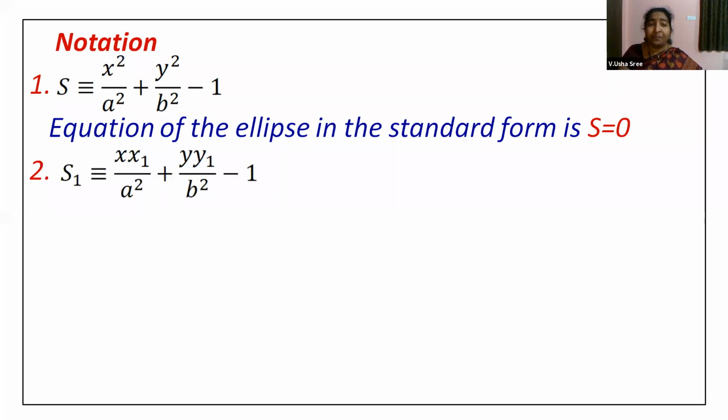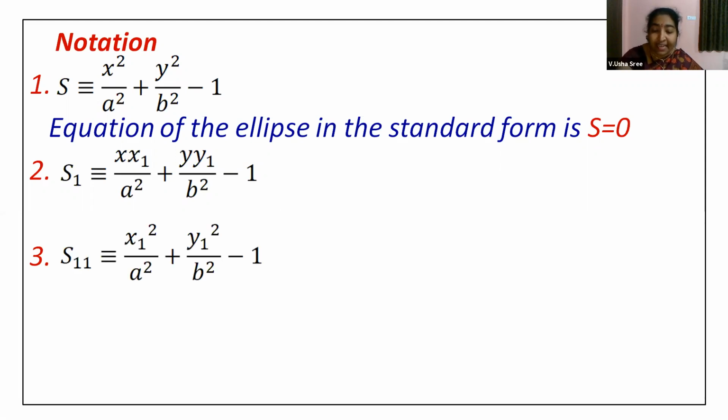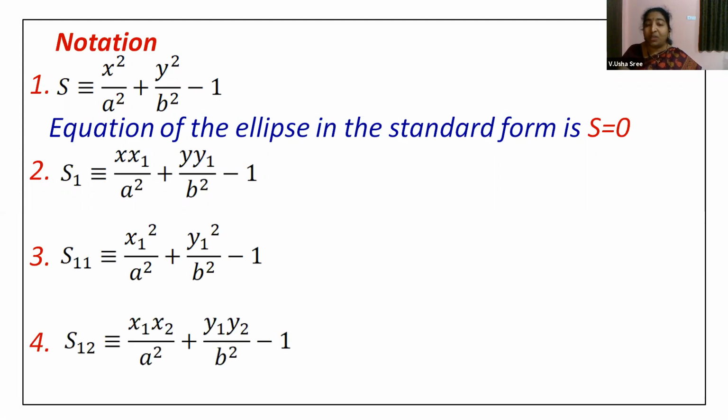S1 will be xx1 by a square plus yy1 by b square minus 1. And S11 will be taken as x1 square by a square plus y1 square by b square minus 1. And S12 will be taken as x1 x2 by a square plus y1 y2 by b square minus 1. Okay, these are the notations we use in this topic, ellipse.